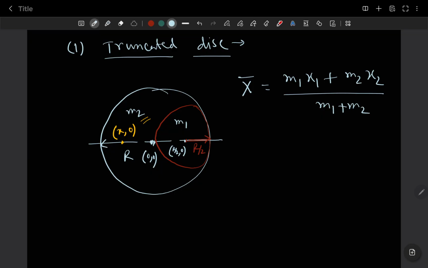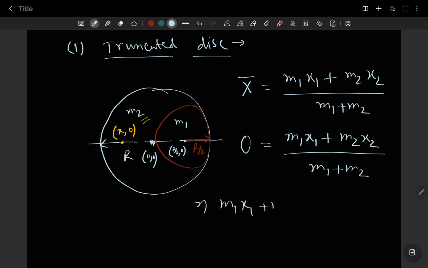Now the center of mass for the whole disk lies at the origin, so put x bar as 0. So m1 x1 plus m2 x2 is 0.